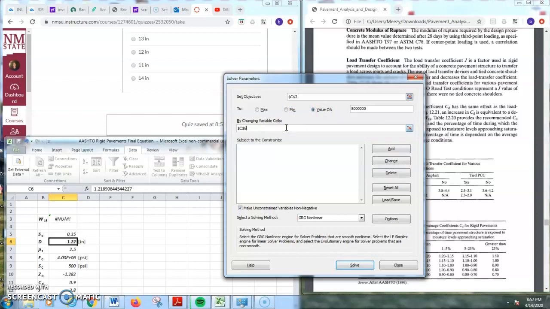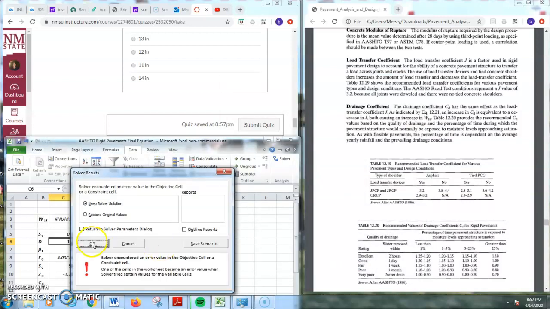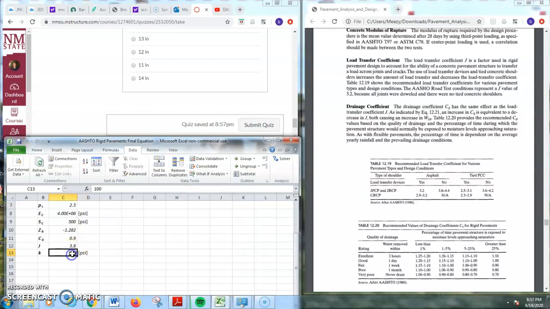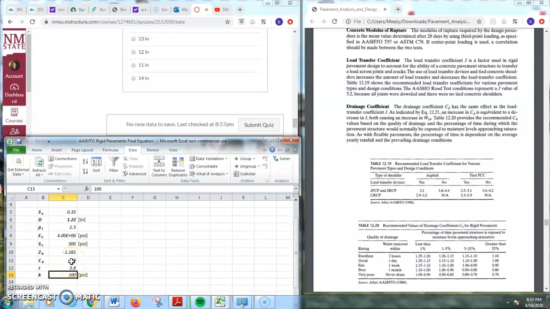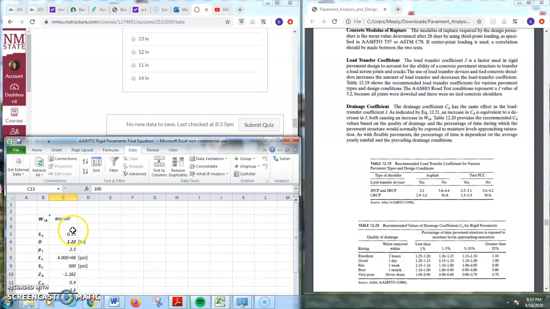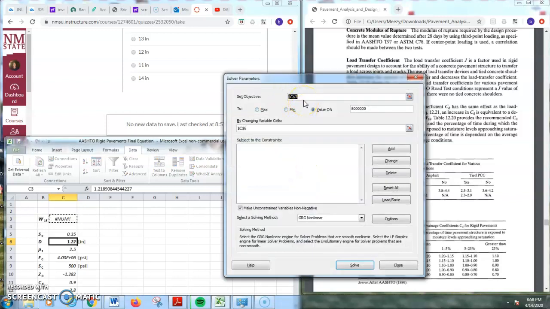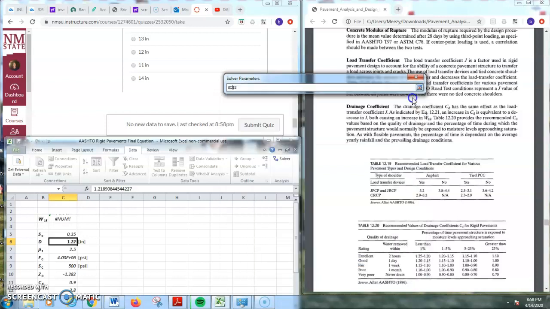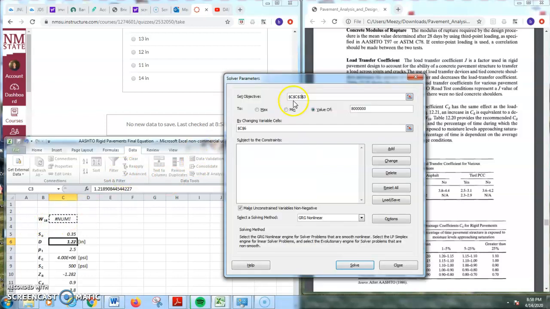C3, value of 8 million by changing the variable cell of C6.